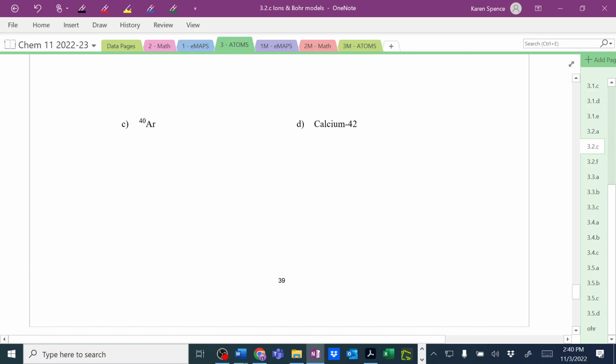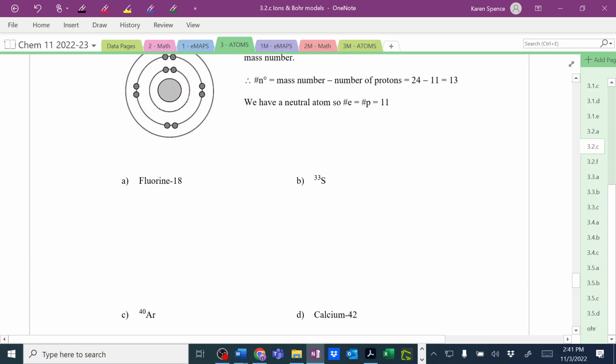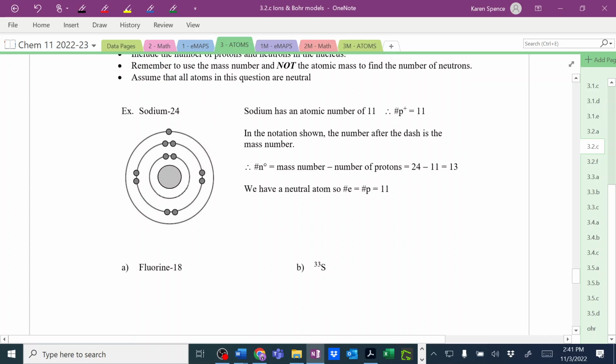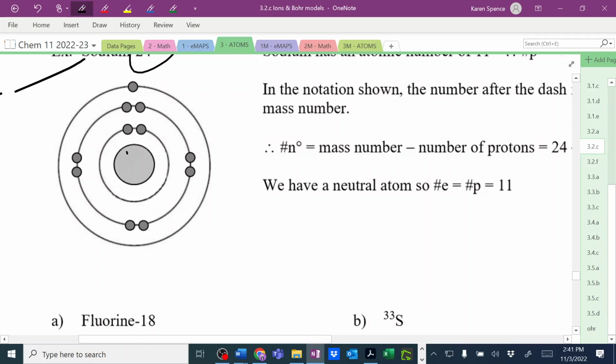Okay. The only thing to remember is that in your nucleus, we have sodium 24. So in our nucleus, sodium is atomic number 11. So how many protons? So we would have 11 protons.